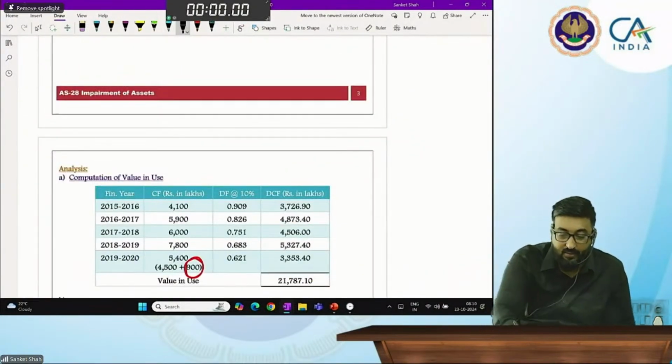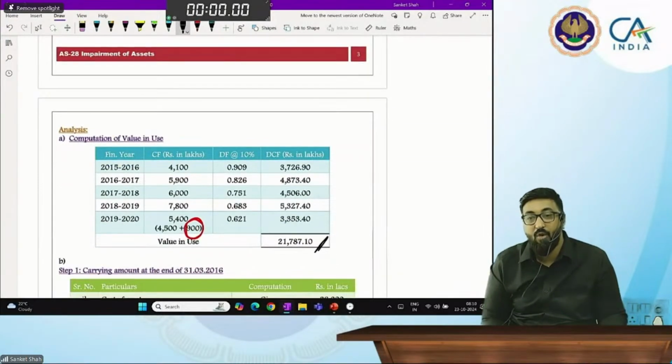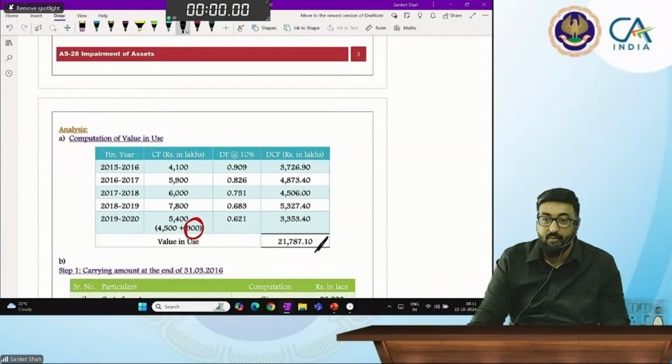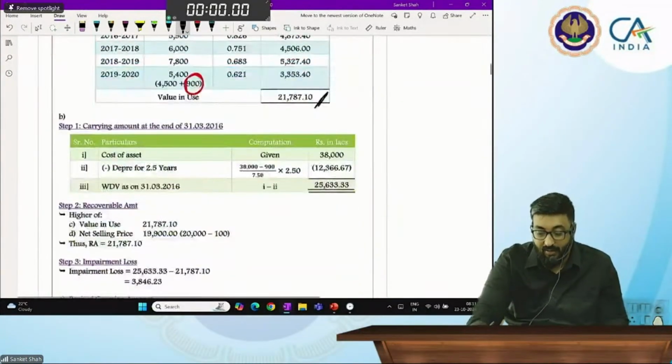Yes, I'm getting the same answer. Value in use 21,787.10. And what is my recoverable amount? 19,900.